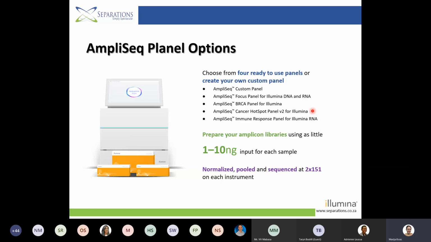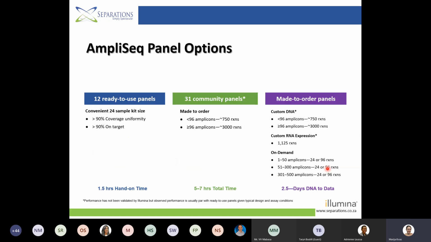And also we can look at the immune response panel that looks at the tumor immune system interaction. Like I said, the input for this library prep is very low, 1 to 10 nanograms, and you can normalize, pool, and sequence the library paired-end at 150 by 150.